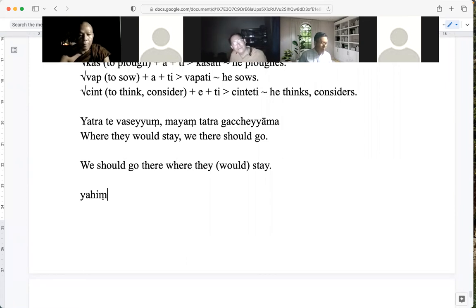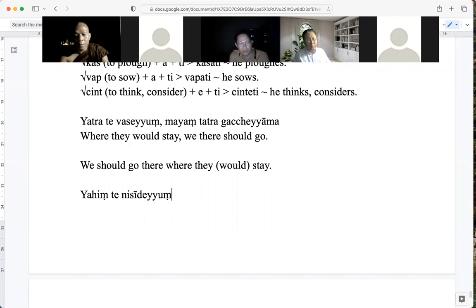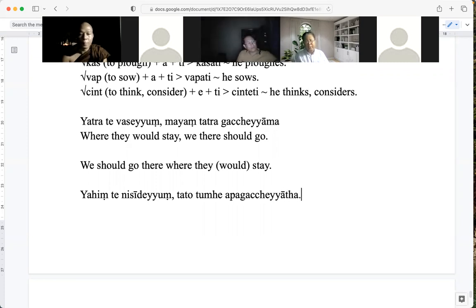Yahinde nisideyo. That is one line. So tato tumhe, about apagaccheyyatha, right? So here also yahinde means where, okay?